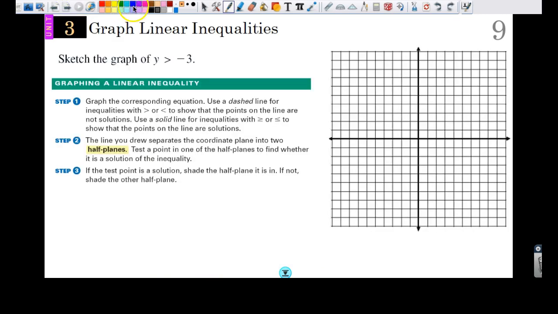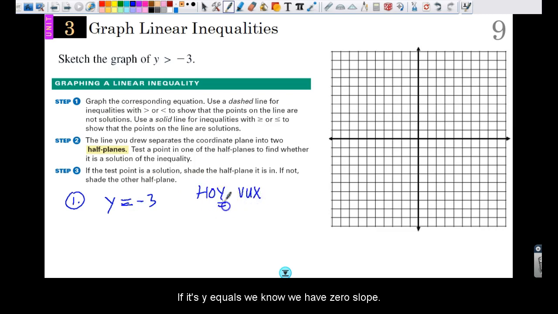For example, if I wanted to sketch the graph of y is greater than -3, step one is I have to graph y equals -3. And to graph that, we use this saying, HOY VUX. And if it's y equals, we know we have 0 slope. It is a horizontal line.